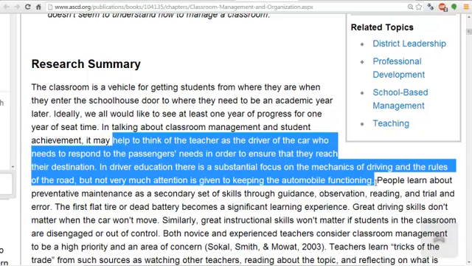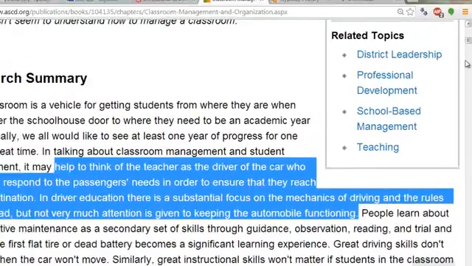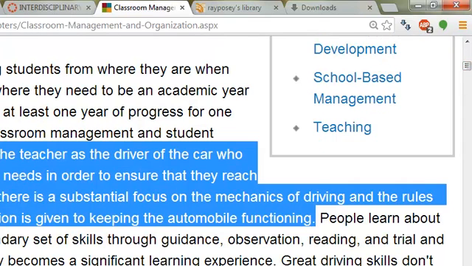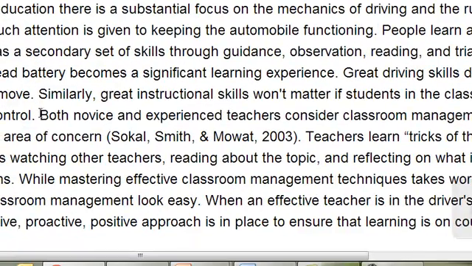And there's a substantial focus on the mechanics and the rules of driving of the road, but sometimes there's not as much focus on how the automobile functions. And we're going to look at the mechanics of driving the class and the rules for the class. We're also going to look about how to keep the classroom functioning well.